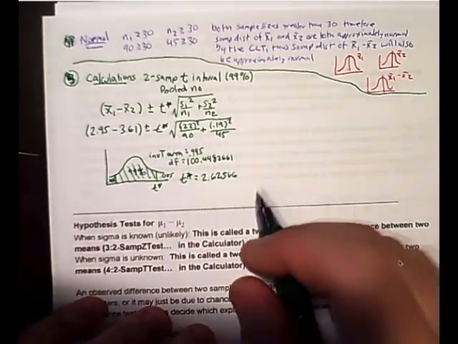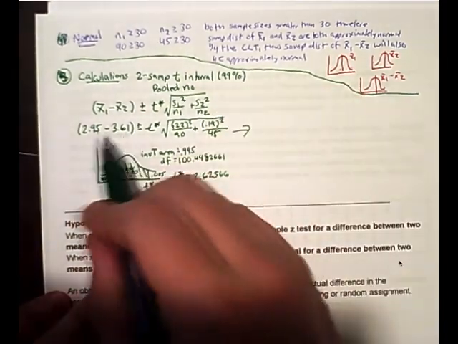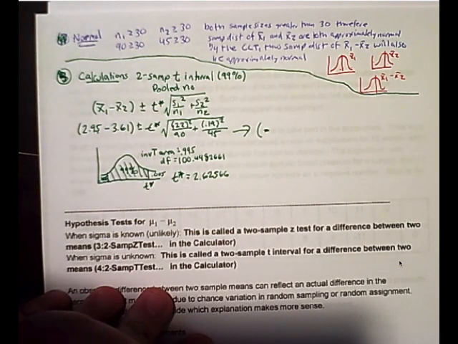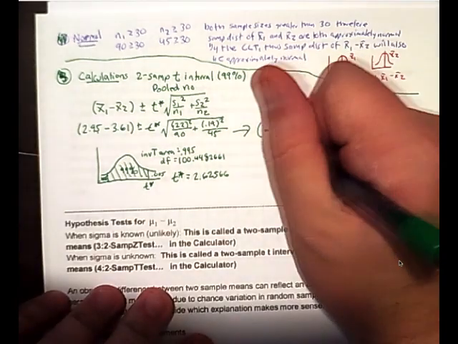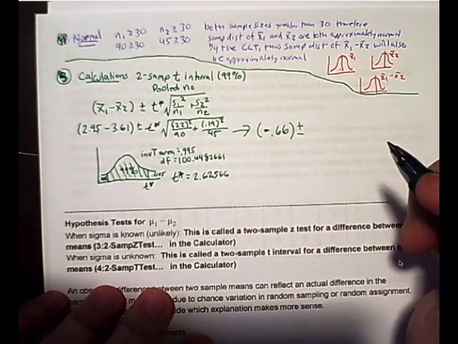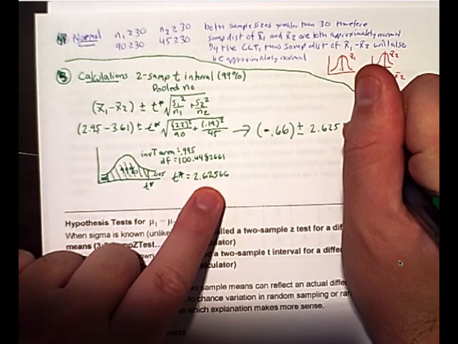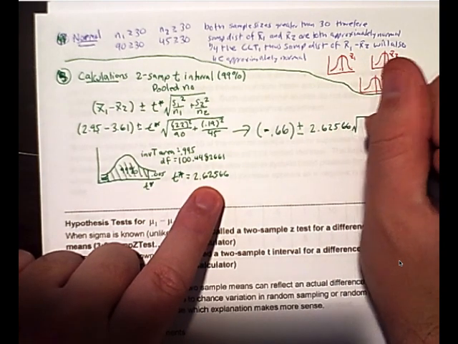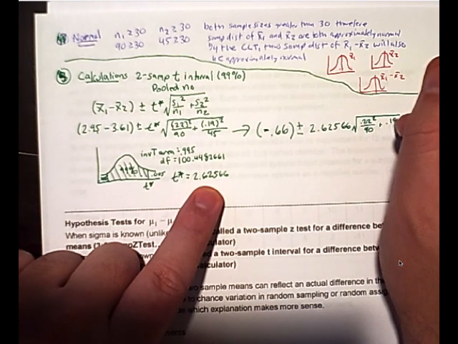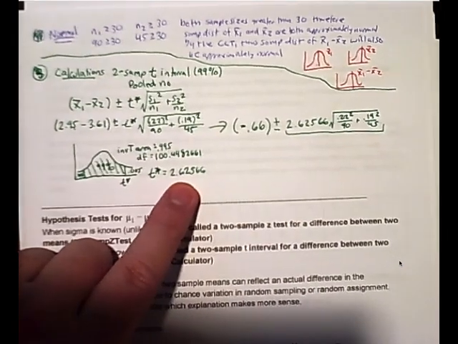So now, if I want to simplify that confidence interval, if I subtract these, the mean difference in the samples is about 66 cents, but negative. Plus or minus this T star, which we just said was 2.62566, times the square root of 0.22 squared over 90 plus 0.19 squared over 45. Let's figure out what that margin of error in total would be.